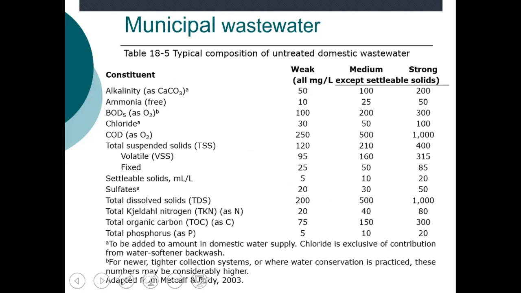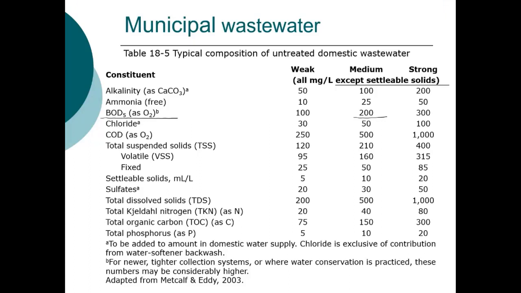This is a table from your textbook. I put it in here just to give you a sense of the composition. And let's just look at a few parameters, for instance, BOD. So typical BOD of most untreated domestic water, so this is the water that enters the plant, for most plants in the US, we're talking about 200 milligrams per liter. And notice it's milligrams per liter of oxygen because we're looking at the usage of oxygen.